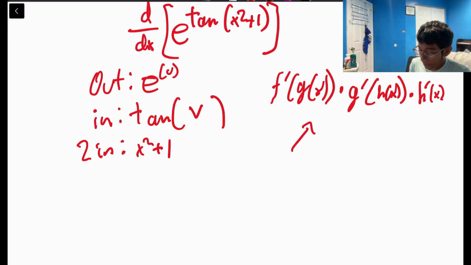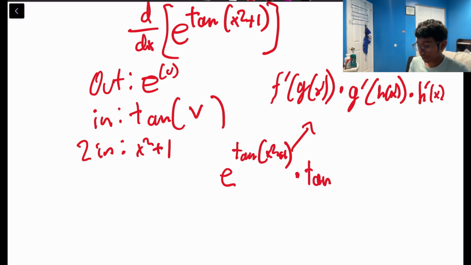chain rule. So we get e to the u, which is tangent of x squared plus 1, times the derivative of tangent of v, where v is x squared plus 1, times h prime of x, and h prime of x is the derivative of our second inner function.